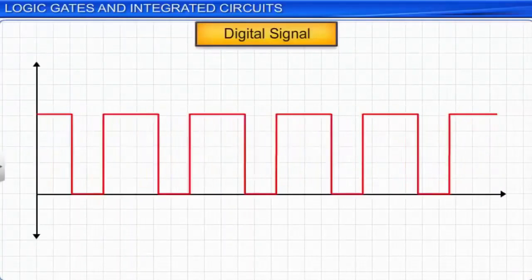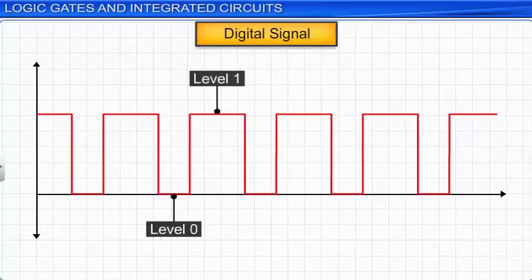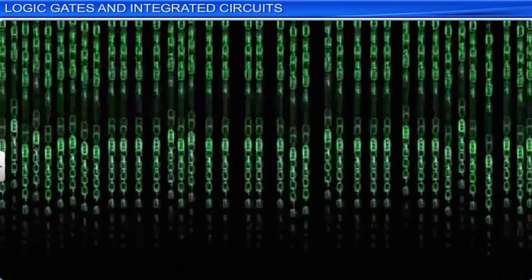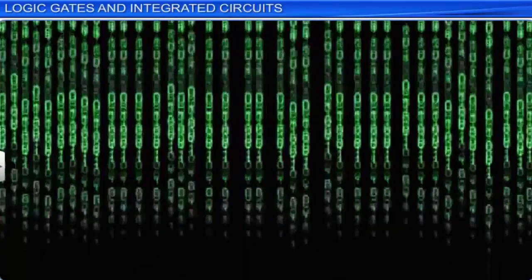A digital signal can only have a low and a high value of current or voltage represented by the numbers 0 and 1 respectively.